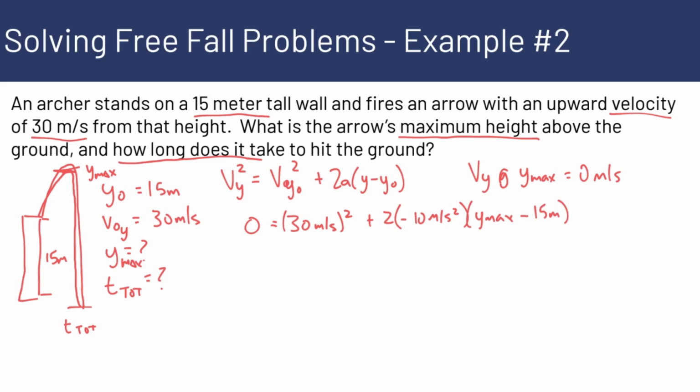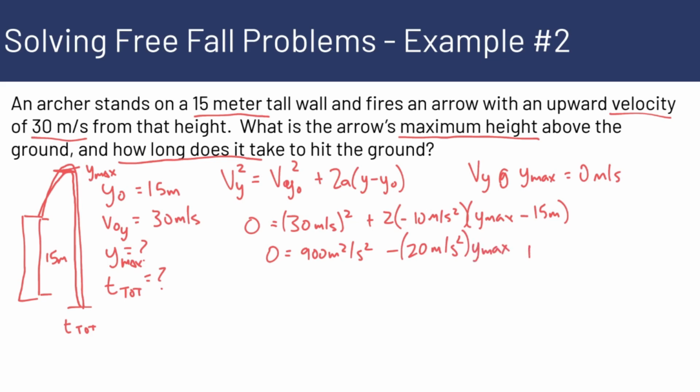Okay, so we'll start to simplify this, do a little bit of algebra. So we have 0 is equal to 900 meters squared per second squared. And then we multiply this out. So we have 2 times negative 10, that gives us negative 20 meters per second squared, times y max. So that's minus 20 meters per second squared times y max.